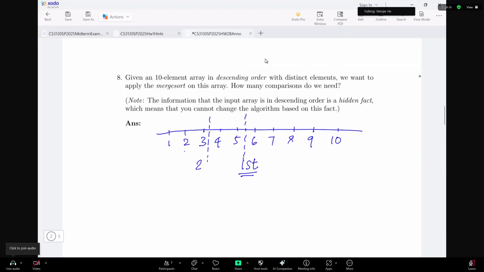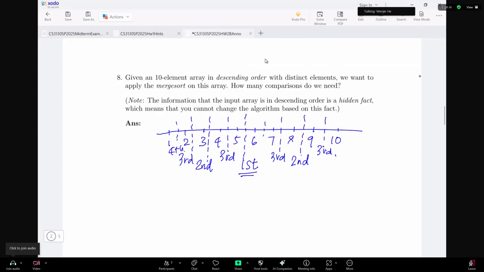Then the third split, and the last, fourth split.